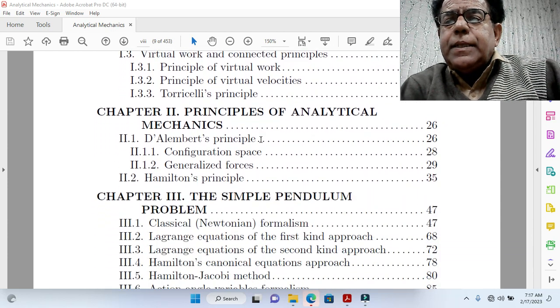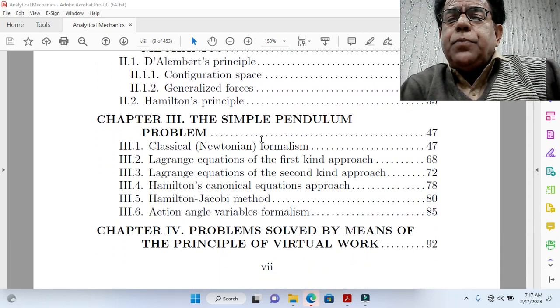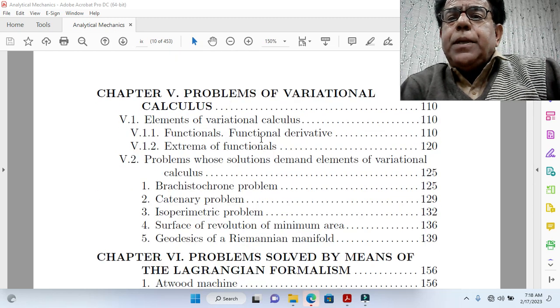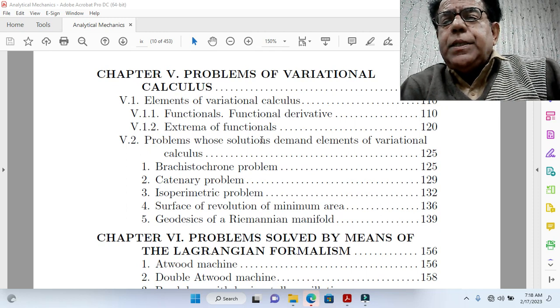Chapter number 3 is the simple pendulum problems. Chapter number 4 is problems solved by means of the principle of virtual work. Chapter number 5 is problems of variational calculus. Chapter number 6 is problems solved by means of the Lagrangian formalism.